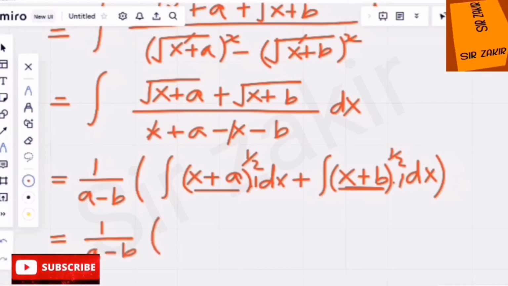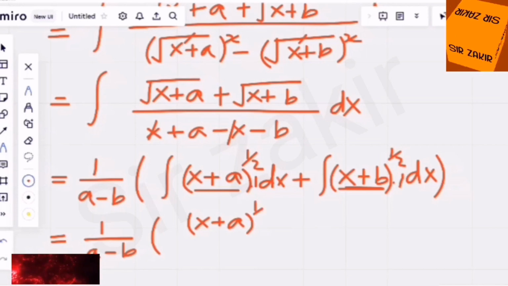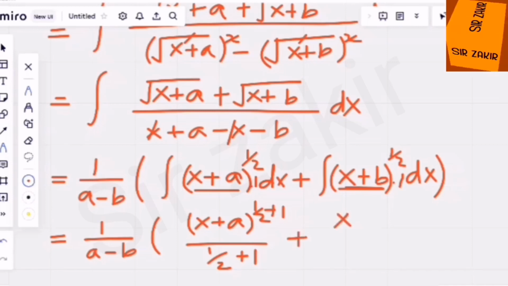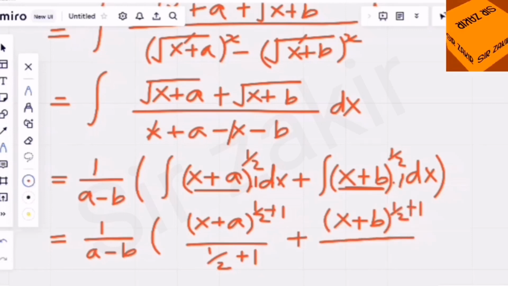In such a situation, where there is a function along with its derivative, we add 1 to the power of the function. So the power of the function is 1 by 2, we add 1 to it and divide by that. Again in the x plus b case, the function and derivative 1 are together, so we add 1 to the power and divide.